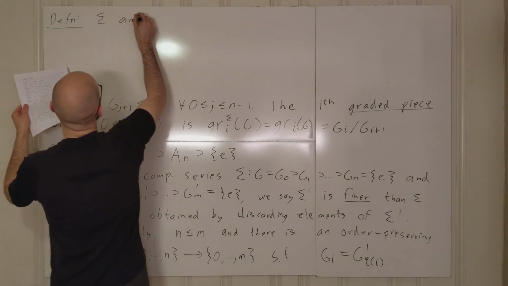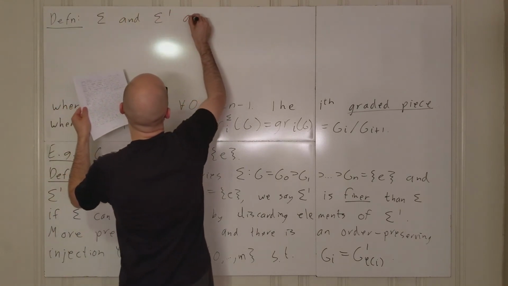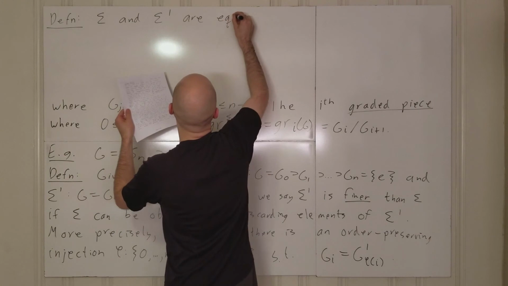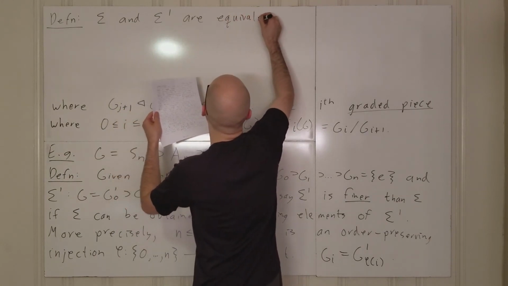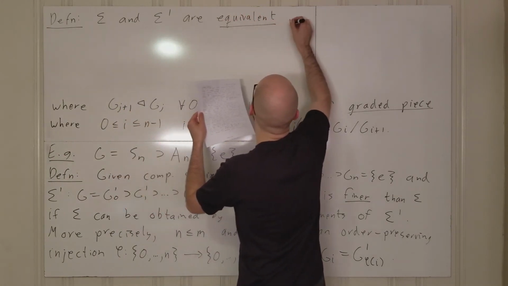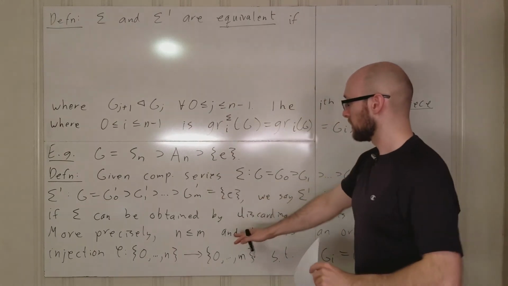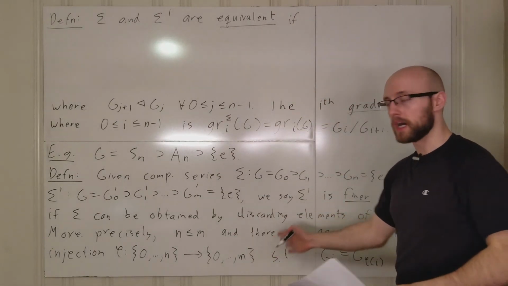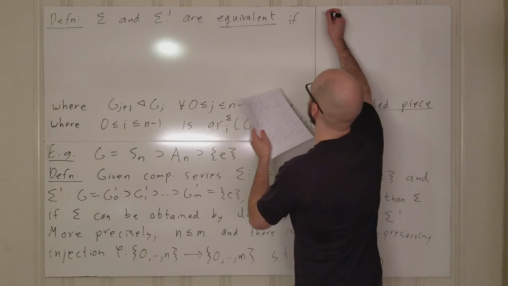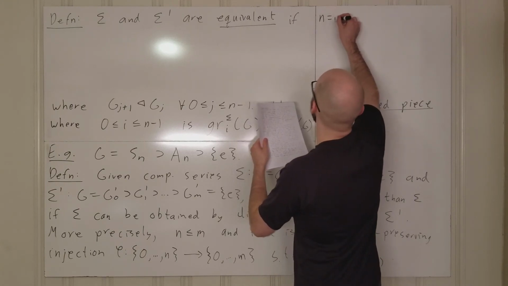So sigma and sigma prime are equivalent if, and I'm going to use the notation from the bottom here, n equals m.